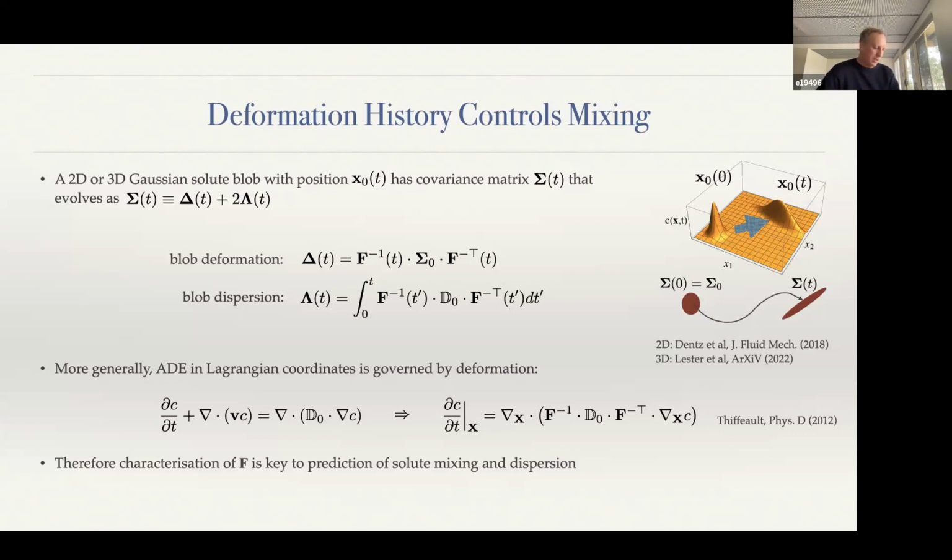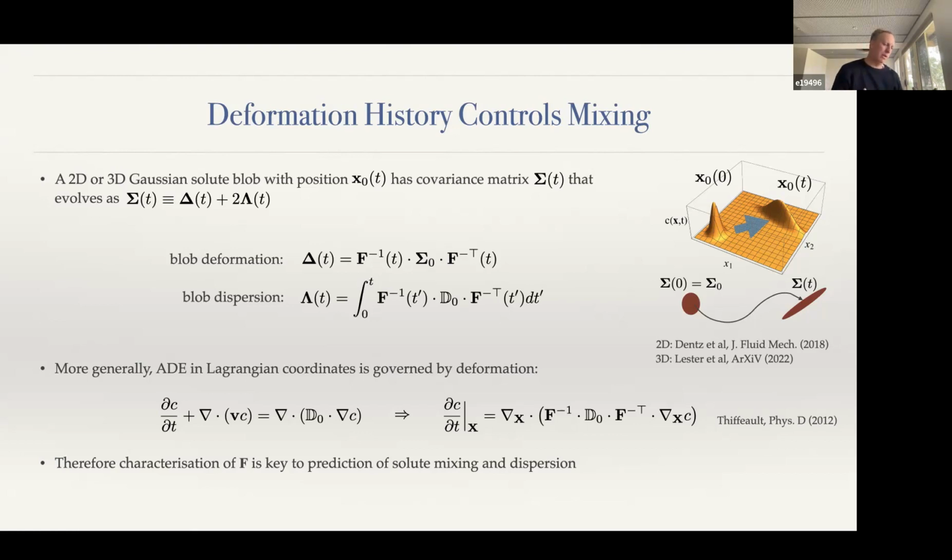So that's showing the production of entropy and the diffusion of the blob that can't be reversed over time. And so we can see here that the history given by that integral of this term over time captures mixing and dispersion of our Gaussian blob. And so if we can characterize the deformation tensor, then we can characterize the contribution to mixing from that.